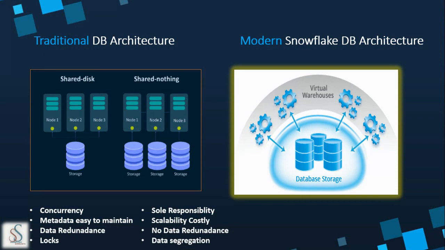Understood? So it is using shared disk, having a single location for storing database storage, but maintaining data partitions for each of these nodes like in shared nothing. So it is a combination of both these architectures, providing advantages from shared disk as well as shared nothing.